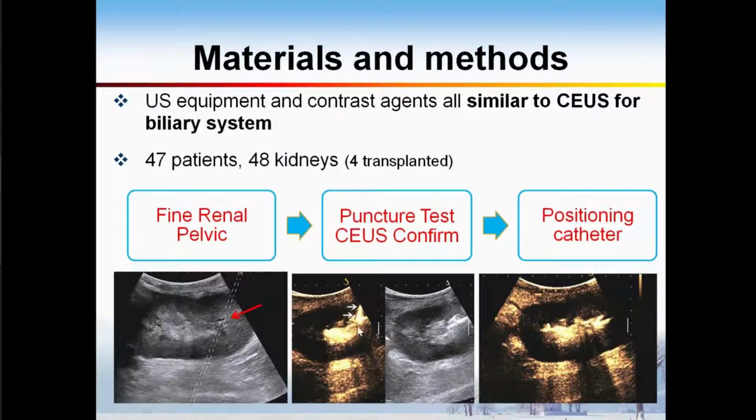We use the PTCD needle to puncture and inject some contrast agent to confirm. When we confirm the needle is in the renal pelvis, we will have an enhancement or angiography of the pelvic system. Then, according to the contrast ultrasound, we can position the catheter, and the process becomes very easy.